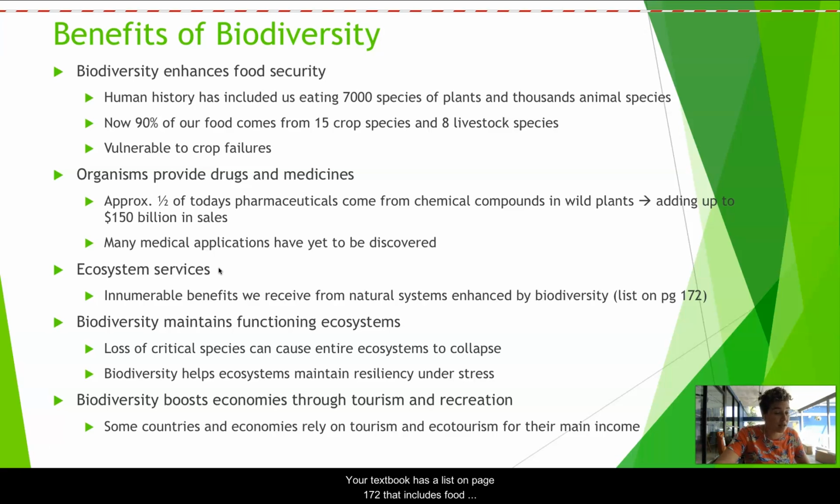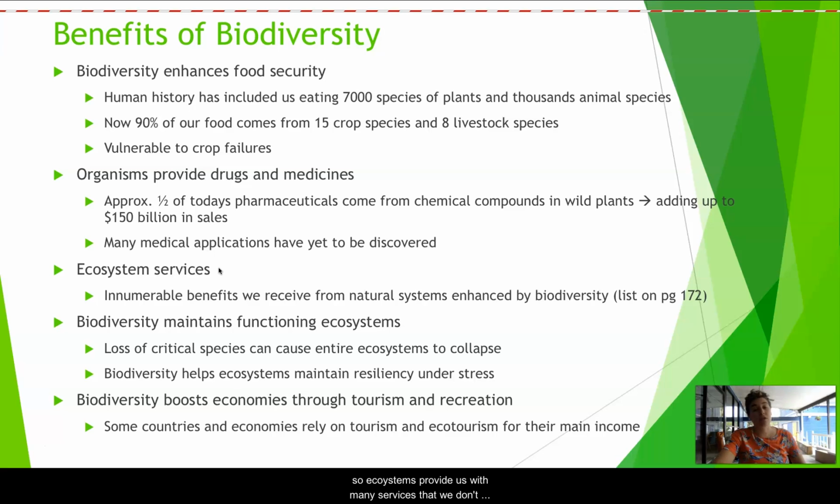Your textbook has a list on page 172 that includes food, fuel, fiber, and shelter, purification of air and water, detoxification and decomposition of waste, stability of Earth's climate, moderation of floods, droughts, temperatures, cycling of nutrients and renewing soil fertility, pollination of plants, including many of our crops, controlling pests and diseases, maintaining genetic resources for crop varieties, livestock, and medicines, and providing cultural and aesthetic benefits.